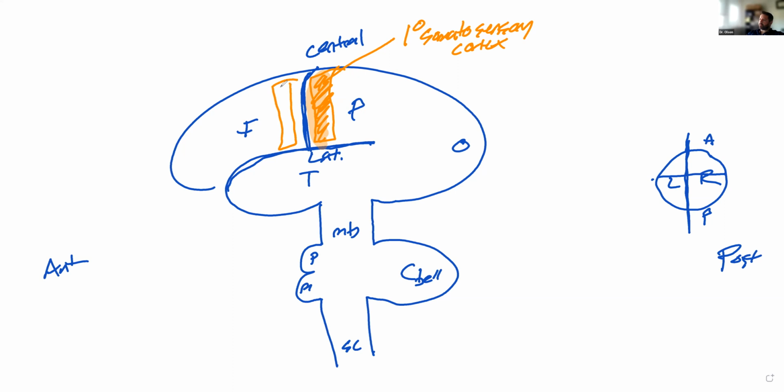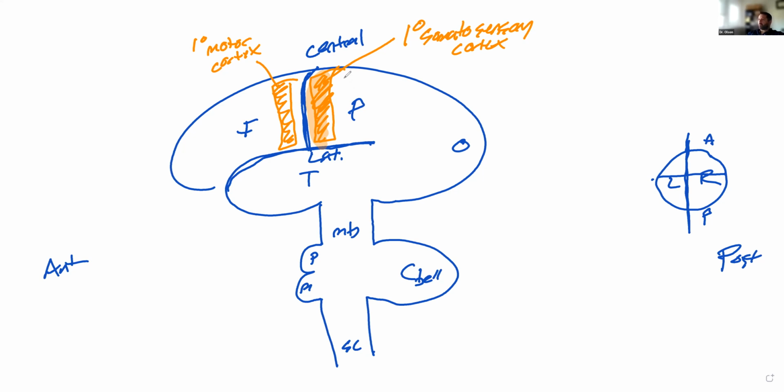On the anterior side of the central sulcus, we have what is called the primary motor cortex. So just like our sensory or afferent signals were coming from the body and the environment and hitting the primary somatosensory cortex, we are eliciting a response from our primary motor cortex, and we're going to send those efferent signals back down to the body.